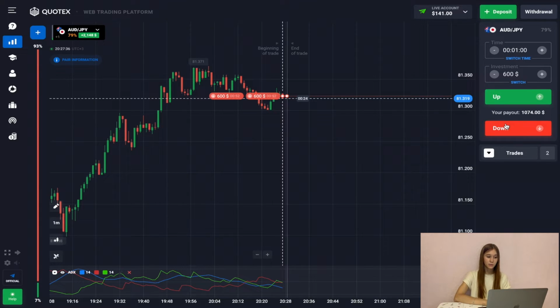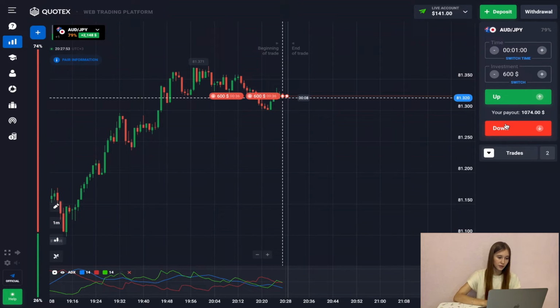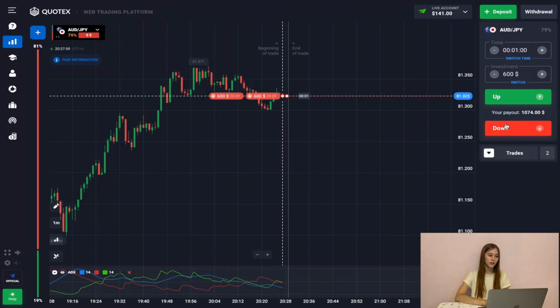As now we see we have the intersections of our minus DI and plus DI beginning. We also see that the ADX goes below 25. This indicates a downtrend, so we have now opened our deals at the opening of a downtrend, as we can confidently close them at the beginning of this trend. Let's wait for the end.